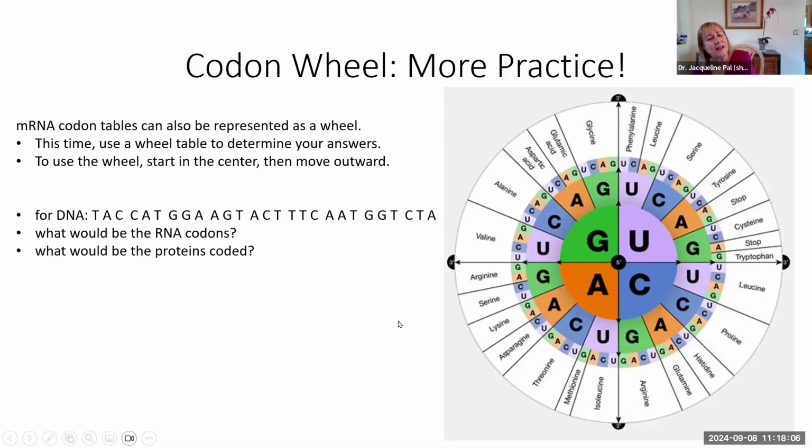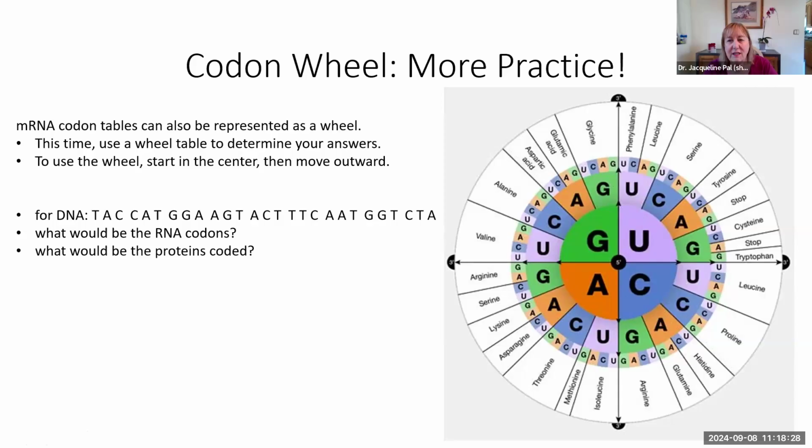And unlike the last one where you had the answers written on your sheet of paper and on the slide, this time you don't have the answers, so you're going to have to work through them yourself. If you have any questions, write to me through the Canvas inbox. What would be your RNA codons, and what would be the protein that is coded?